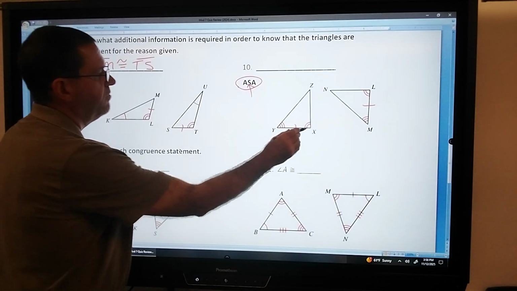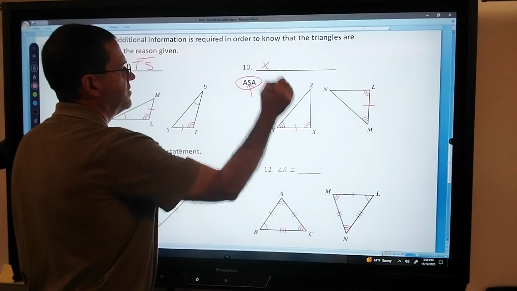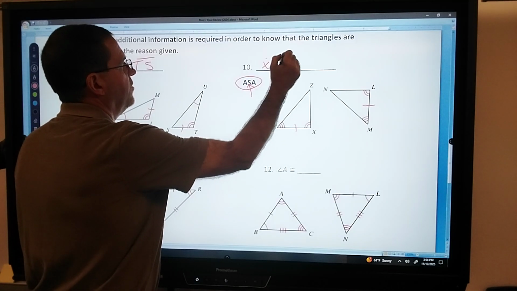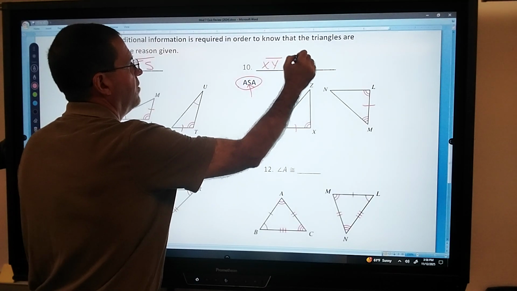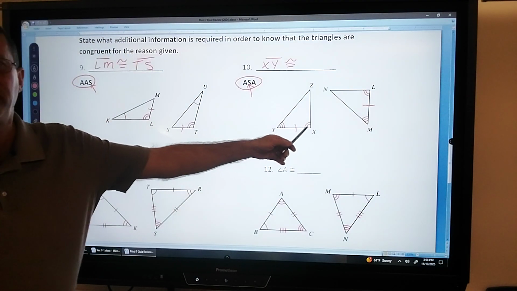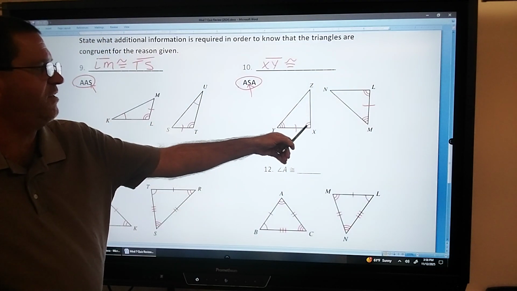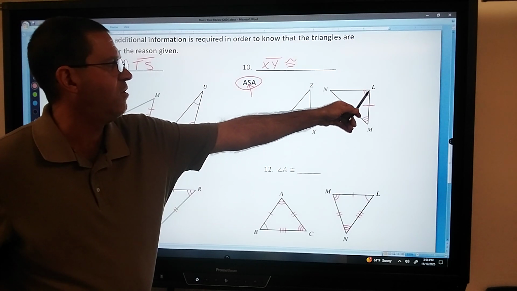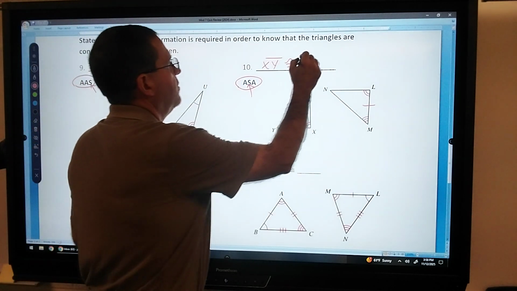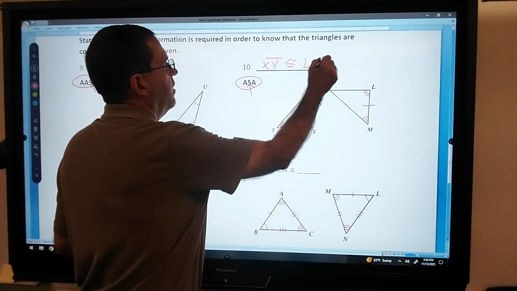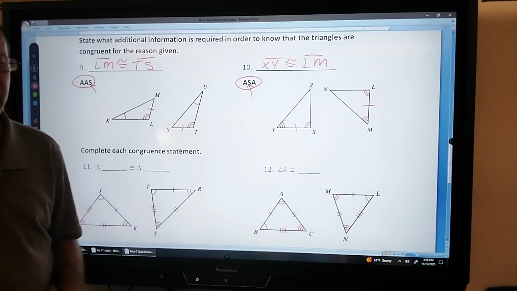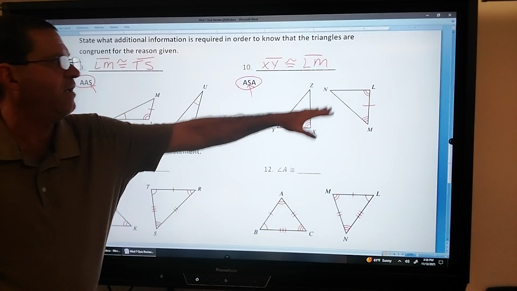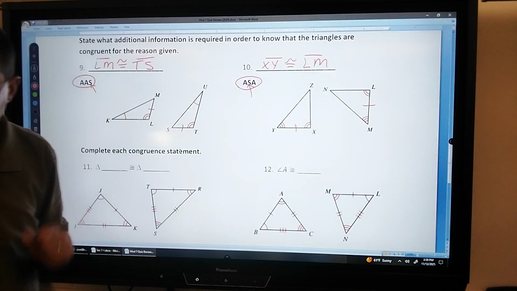You need to name it. Well, XY, with a bar. And now you'll notice I chose XY. X is the double arc, Y is the triple arc. So over here, the double arc would be L, and the single arc would be M. And now I have angle, side, angle. That is the missing part.